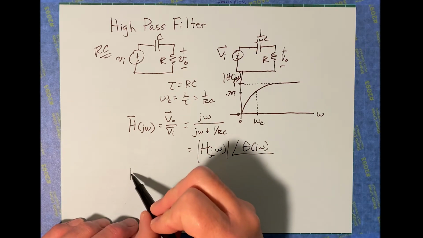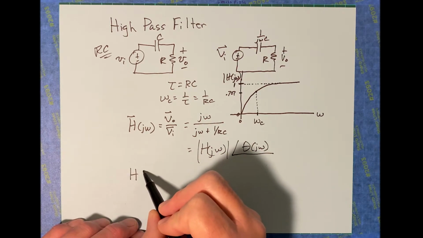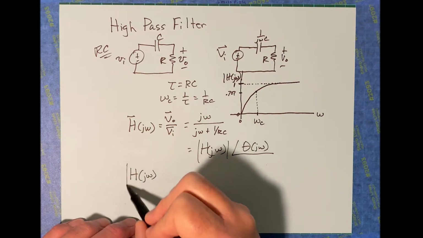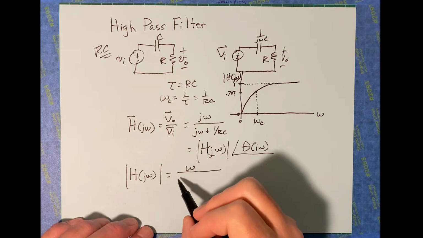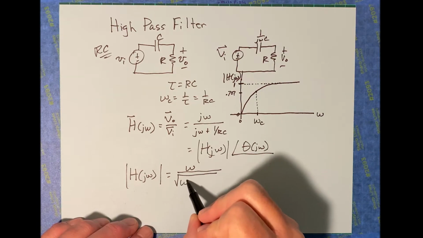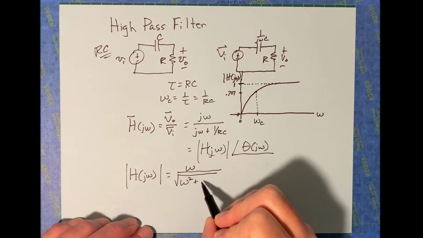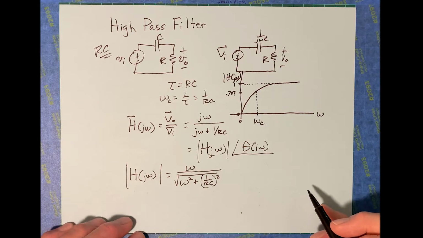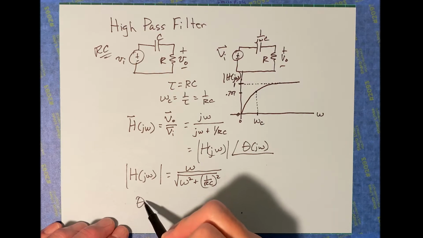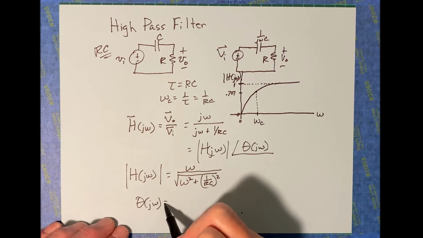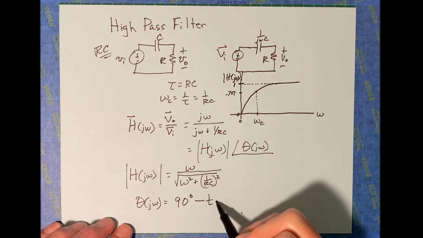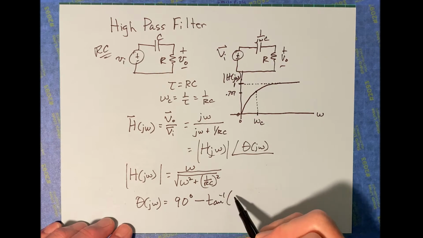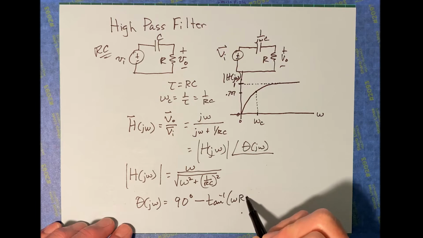And if you go through the algebra to figure out what the magnitude is, then you're going to end up with omega over the square root of omega squared plus (1 over RC) squared, like that. And theta ends up being 90 degrees minus the inverse tangent of omega RC.